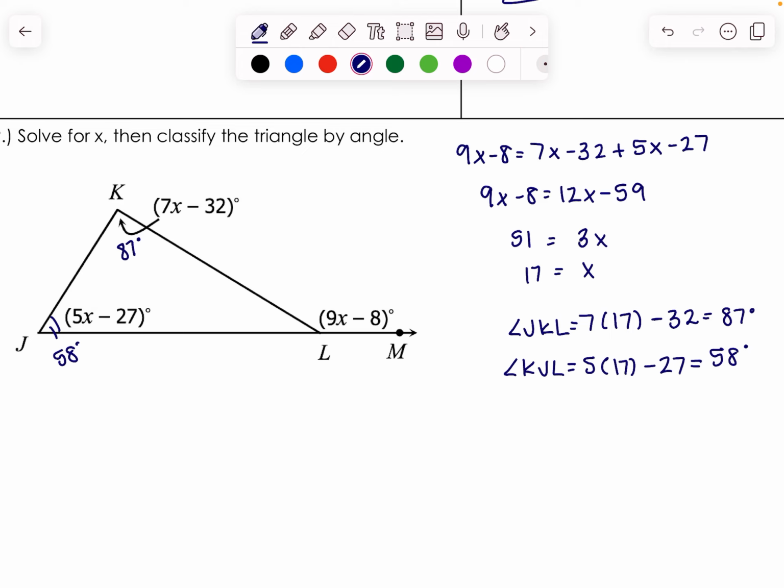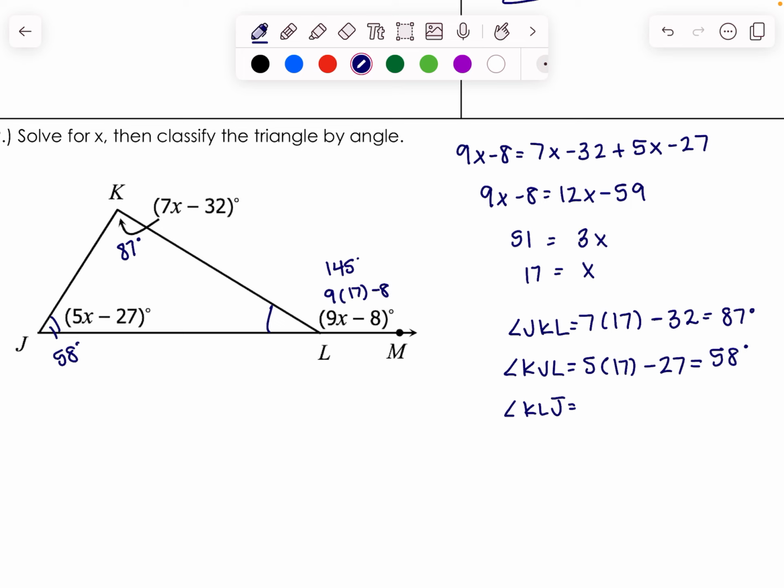Okay, so then my last step is to figure out what angle KLJ is. Well, I know that this angle is going to be 9 times 17 minus 8, so that's going to be 145 degrees.